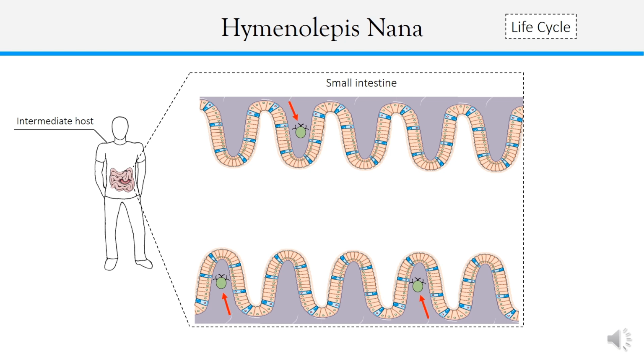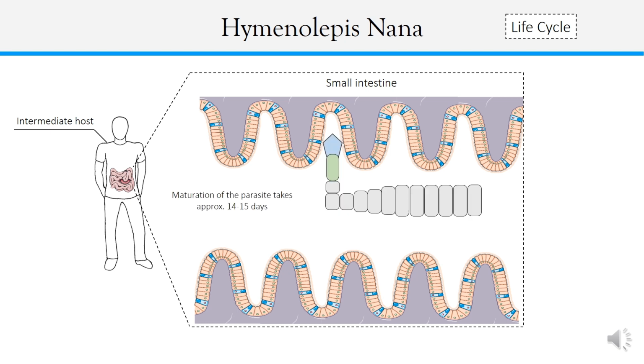Oncospheres will be transformed into another immature form that is called cysticercoid. And this takes approximately 4 to 6 days. And then this cysticercoid will give rise to the mature form of the parasite. Its development takes approximately 14 to 15 days.